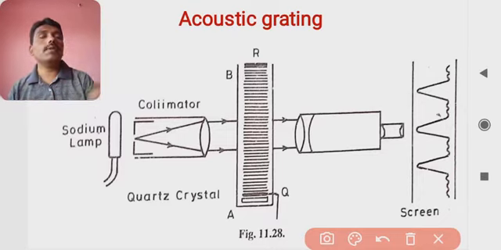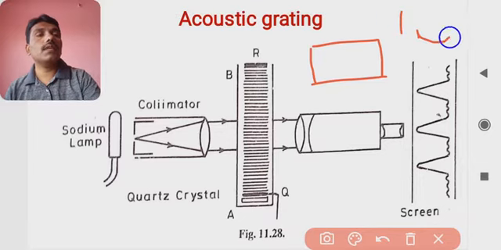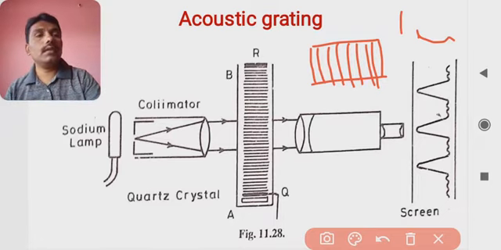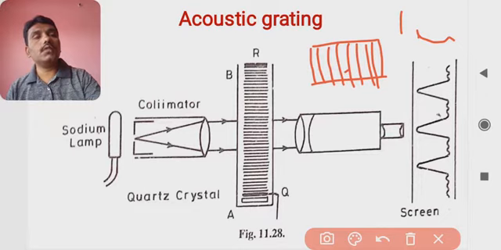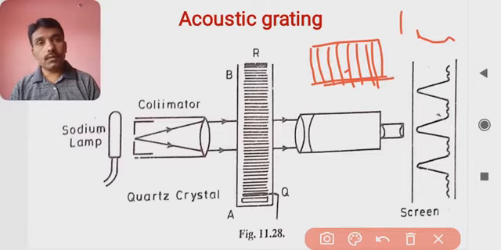And how is a grating made? A grating is simply a transparent glass plate, of nearly 1 inch in size, with nearly 8,000, 10,000 or 15,000 lines, where there are transparent and opaque parts. Light goes through the transparent part, and at the opaque part the light is diffracted. The widths of the opaque part and the transparent part are the same, and in 1 centimeter, nearly 1 inch, there are 8,000 or nearly 15,000 lines, equally distributed.